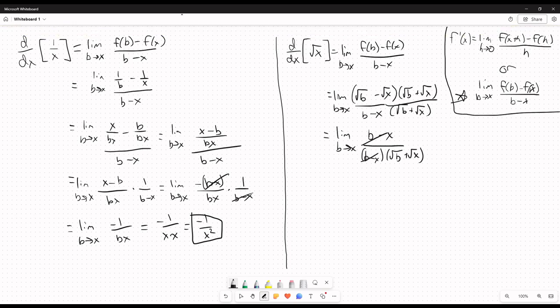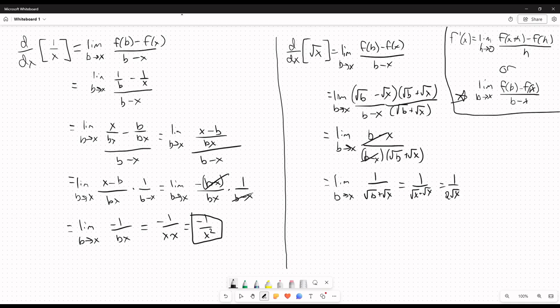We see that the b minus x's cancel. Remember that there is always an invisible 1 floating in the numerator, so we don't end up with 0. It's tempting to write 0. But this is really just 1 over square root of b plus square root of x, which we can then plug in x for b. That's going to be 1 over square root of x plus square root of x, which equals 1 over 2 square root of x.